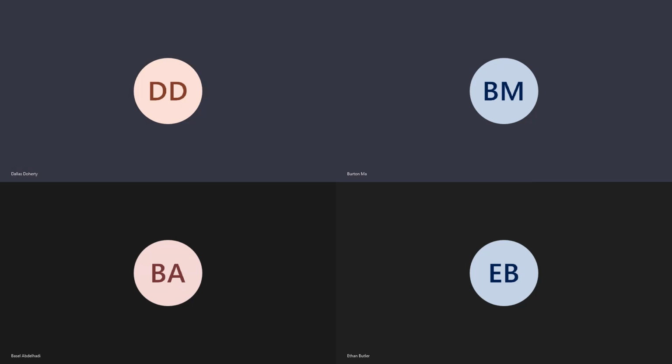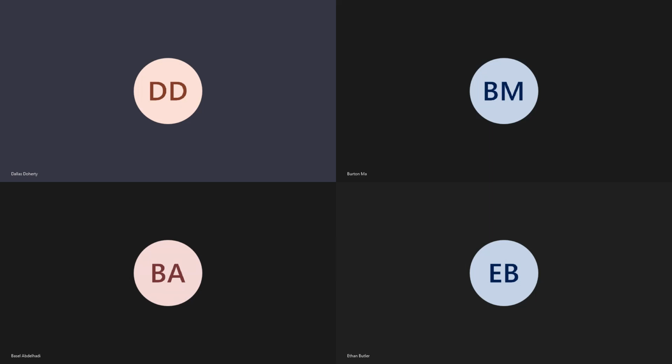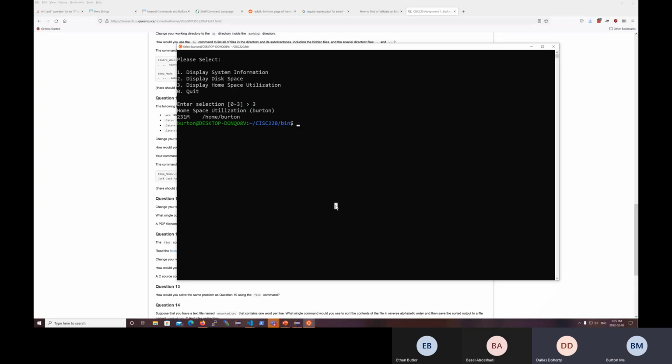I excluded it when I did the find command, and then it worked perfectly. Yes, using find you can exclude it. So the problem is when you're using ls, you have to figure out what exactly it is you want to exclude.